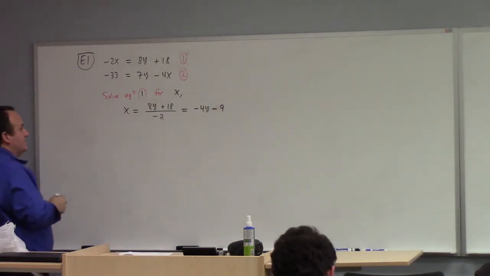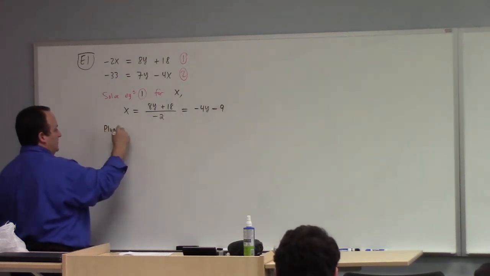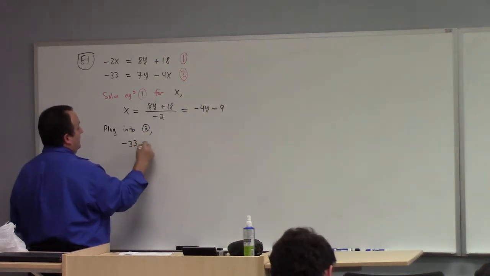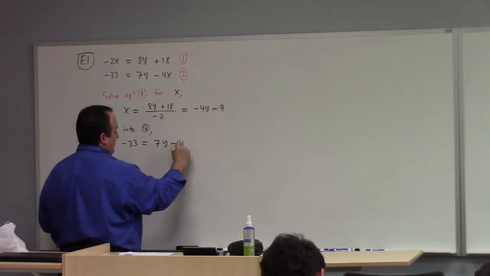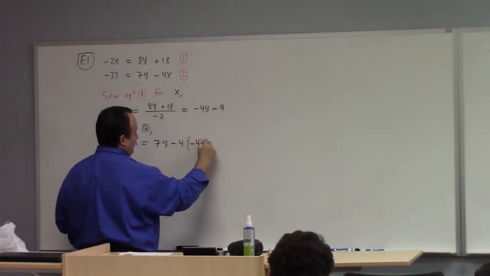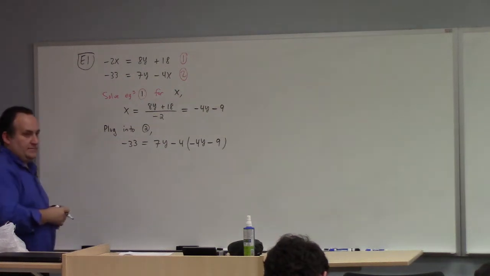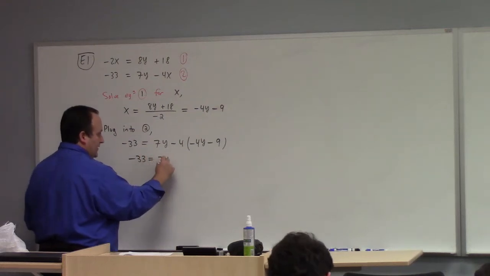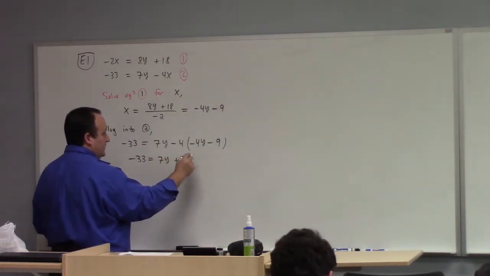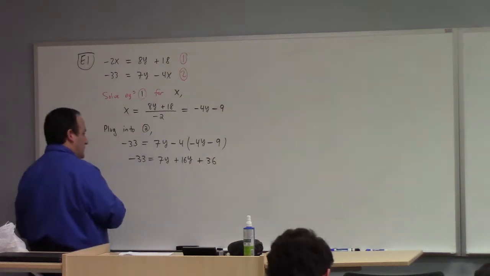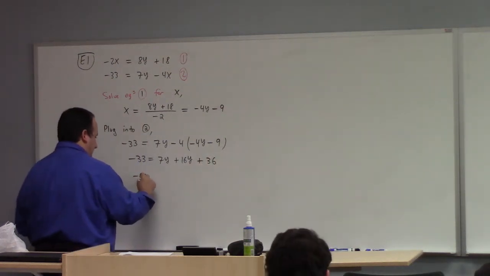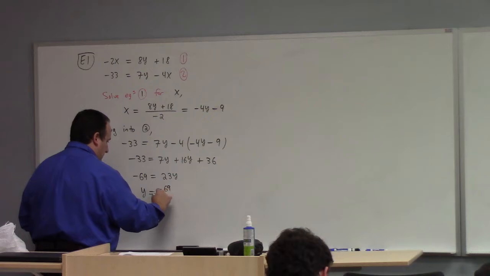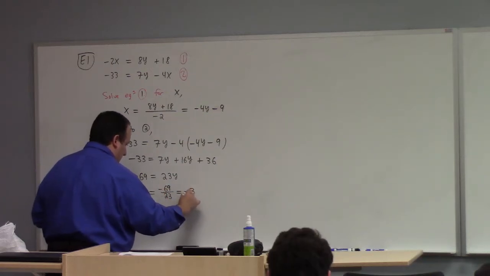Plug that into the other equation. So we've got minus 33 equals 7y minus 4 times x, but x is going to be replaced with minus 4y minus 9. Now we work it out. We get minus 33 equals 7y plus 16y plus 36, which gives minus 69 equals 23y, so y is minus 69 over 23, also known as minus 3.